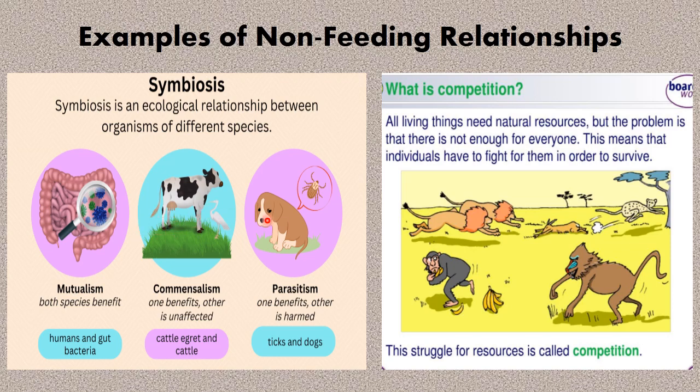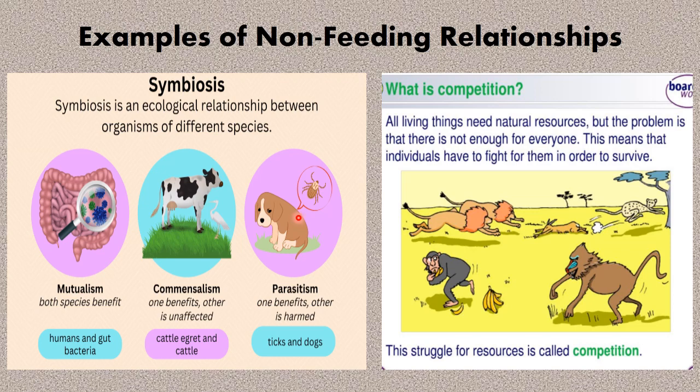Now in the case of parasitism, an example is the ticks and dogs. The tick is found on the body of the dog. The tick here is called an ectoparasite. An ectoparasite is a parasite found outside the body, while an endoparasite is found inside the body. In this example, the tick is found on the skin of the dog.